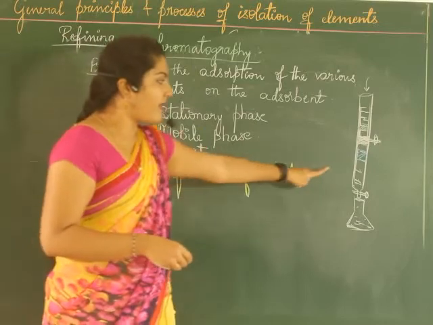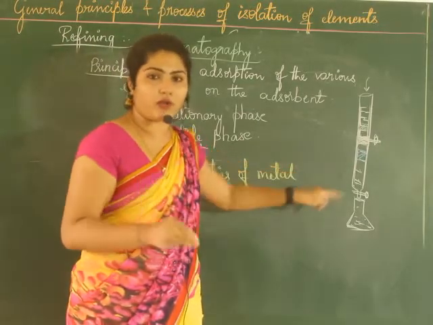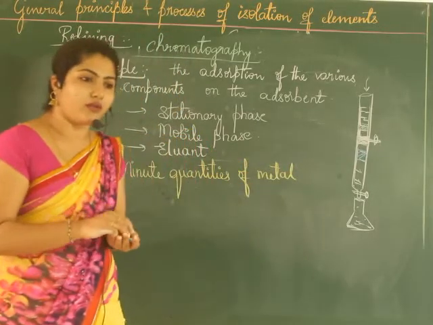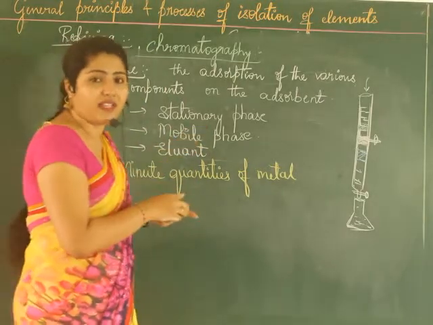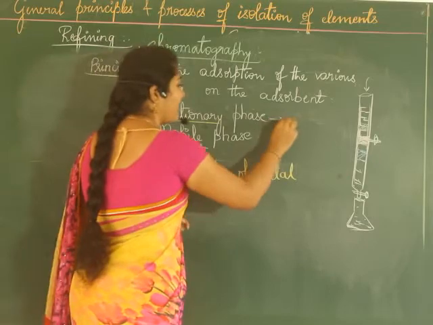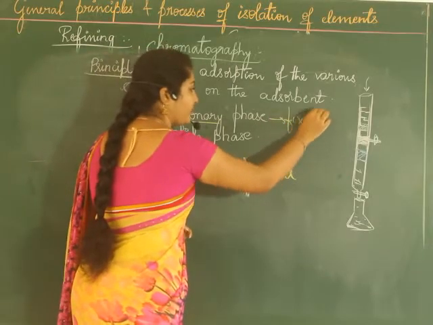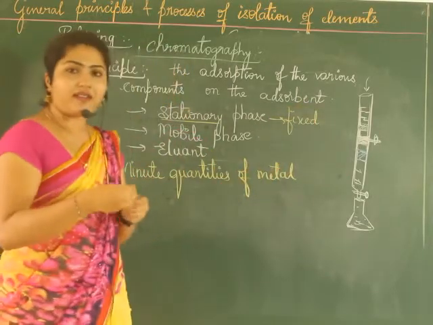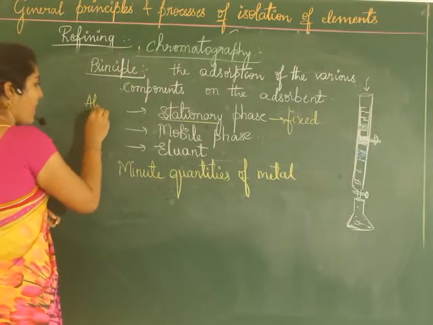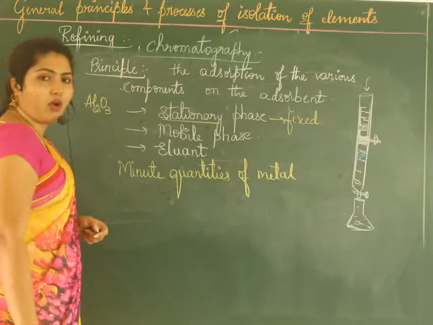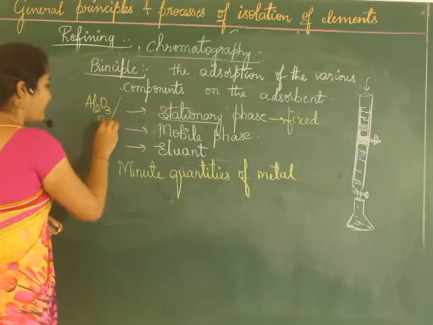Here is an example of column chromatography. Usually they take a stationary phase. Stationary phase means which is fixed, which does not move. Usually the stationary phase which is prepared is of alumina, that is aluminium oxide, or silica.